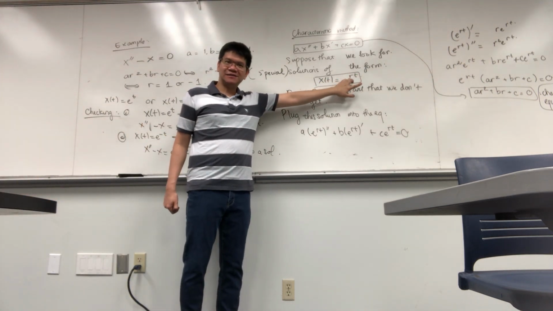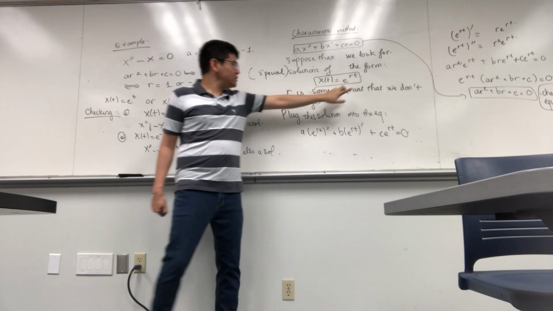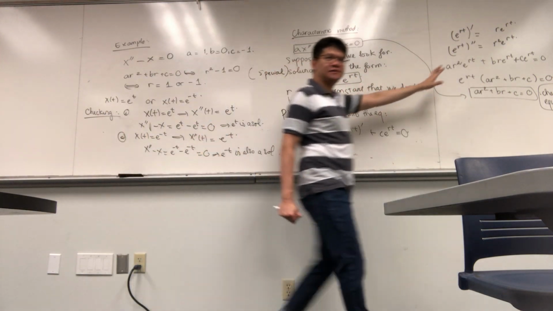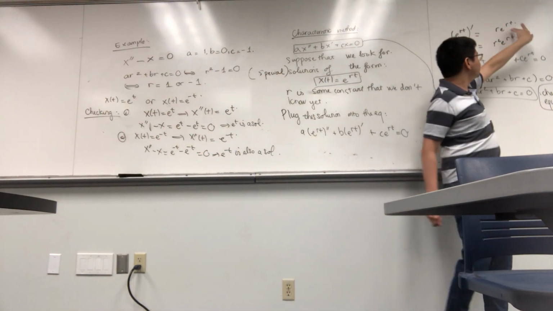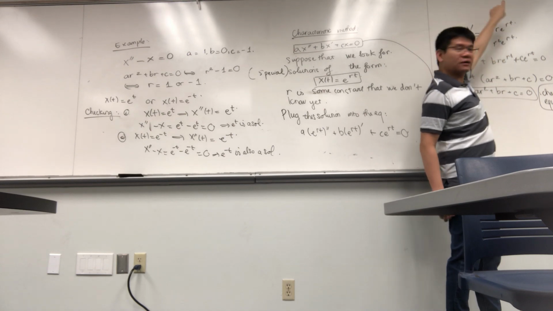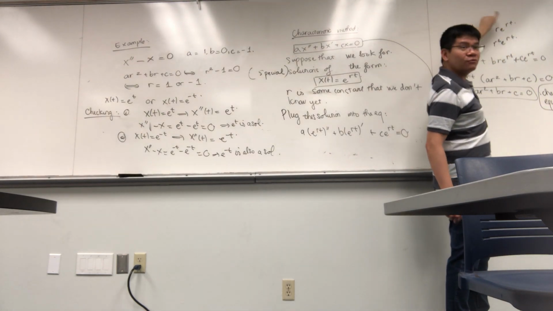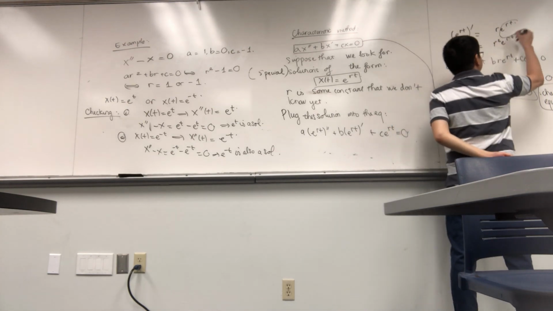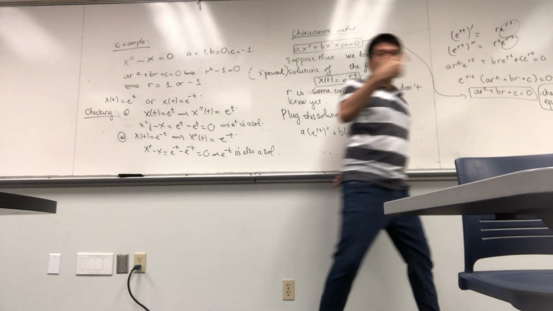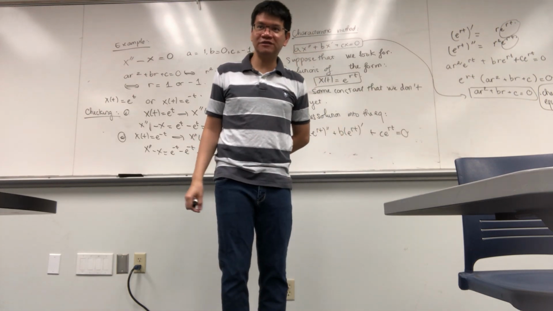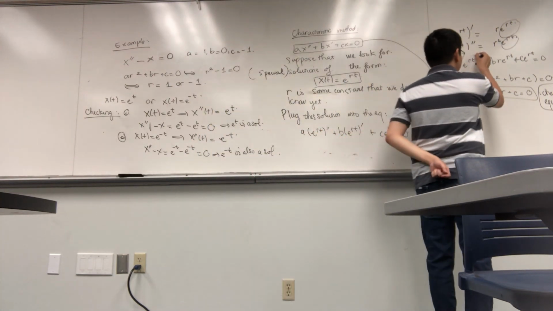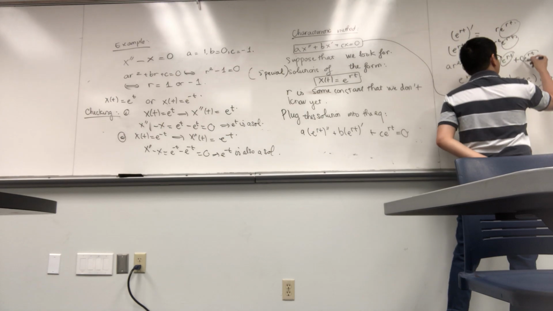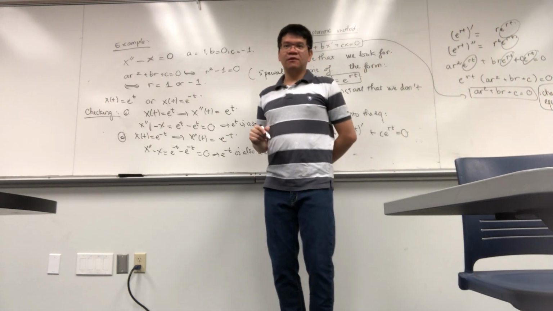So the point of this is that when you take the derivative of this exponential, you still have exponential, and some constant r will go outside. And because you still have the exponential after each time you take the derivative, when you plug everything back, you still have exponential everywhere, right?